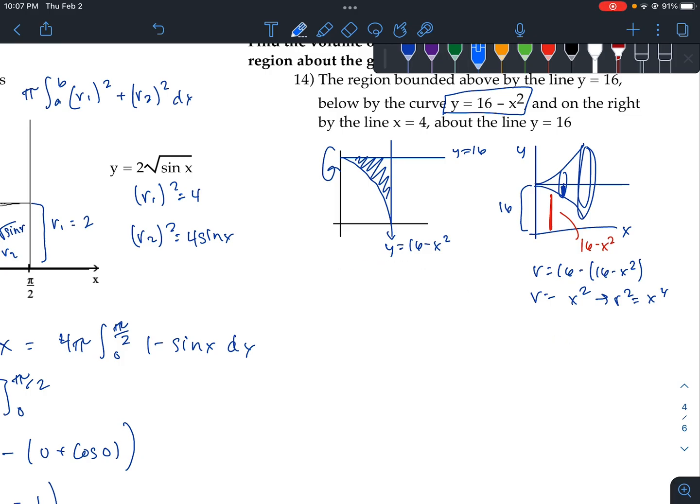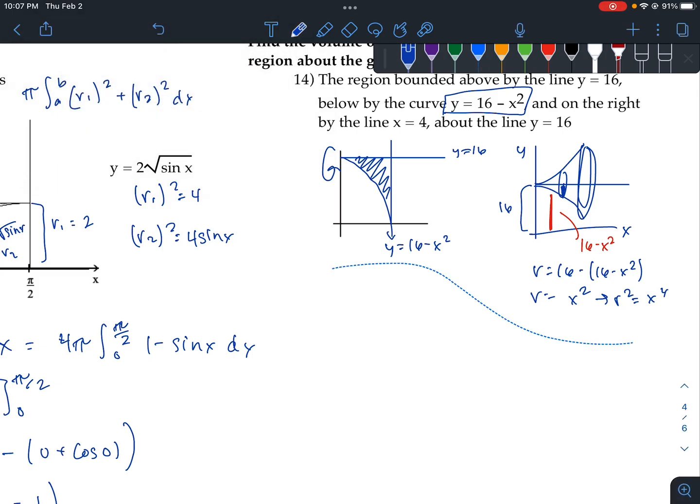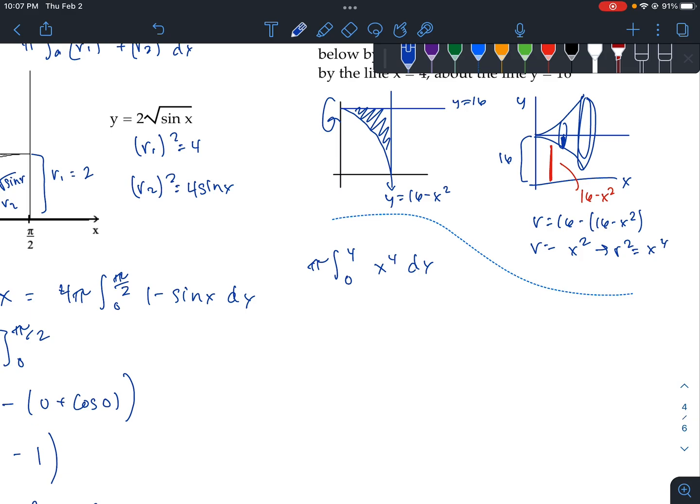So we want the integral, and we're going to integrate with respect to x, since we're adding our cross sections in the x direction. So it's going to be from 0 to 4, because that's the line that we went to, x equals 4. Then we need our pi, so we'll put our pi outside here, and then r squared, so that's x to the fourth dx. The setup is harder than the actual integral.